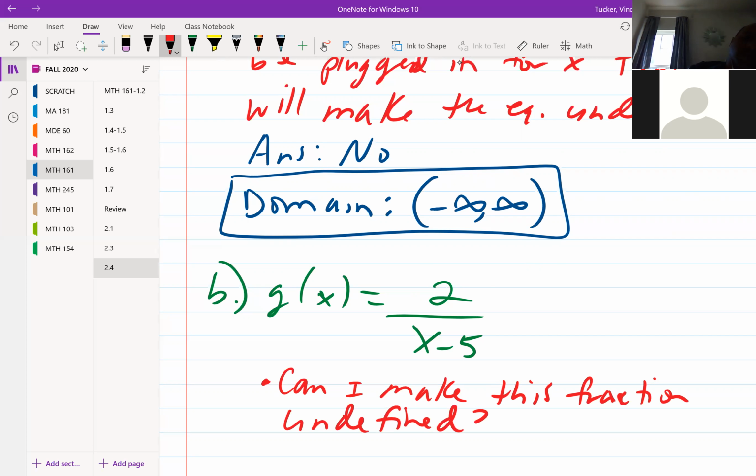You're looking at this rational expression, this fraction, and you ask yourself, can you make it undefined? The answer here is yes. Fractions are undefined when the denominator is 0.